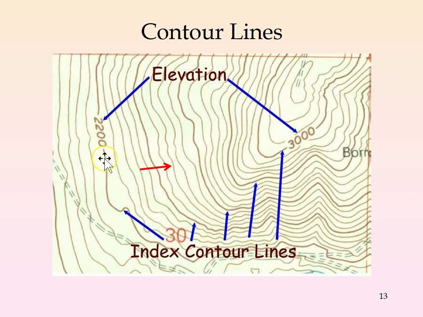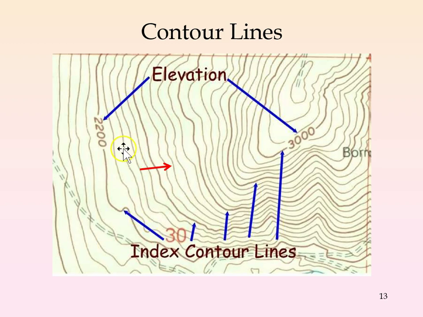So between this index line and this index line, there is a change in elevation of 200 feet. If this is 2,200 feet, that means this is 2,400 feet, this index line would be 2,600 feet, 2,800 feet, and then 3,000 feet. So we still need to find the contour interval between this index line and this index line.